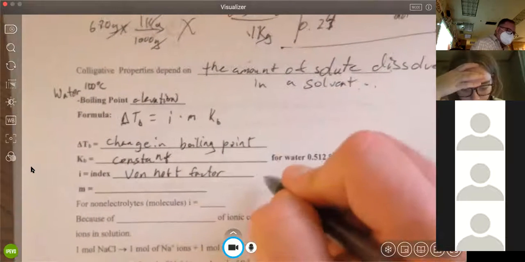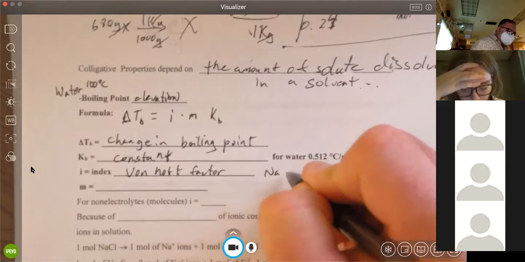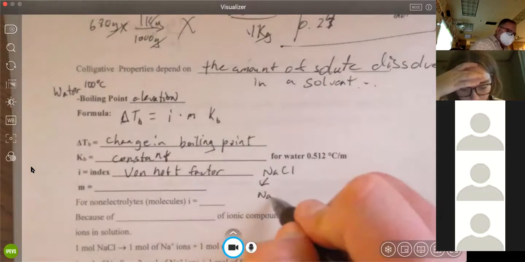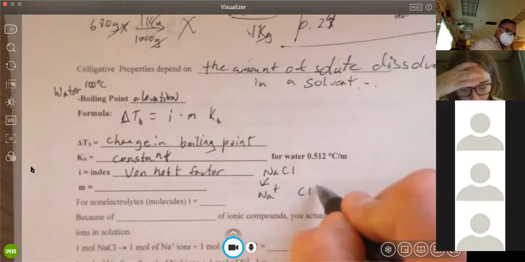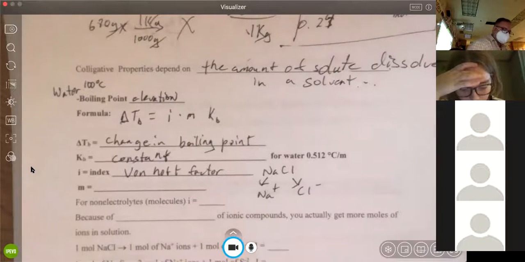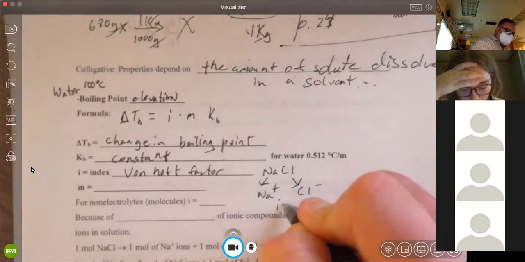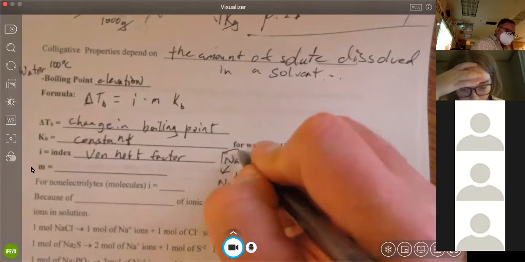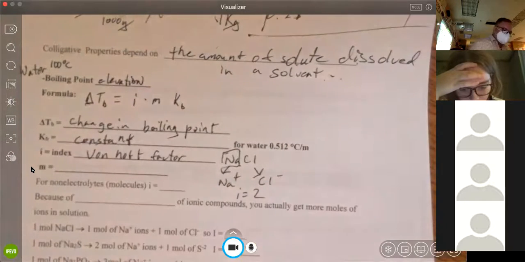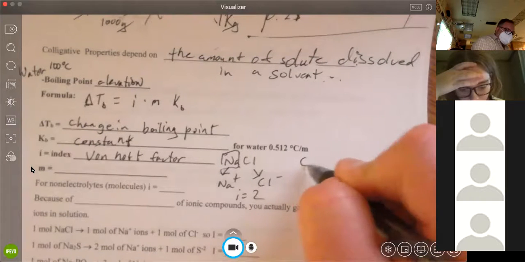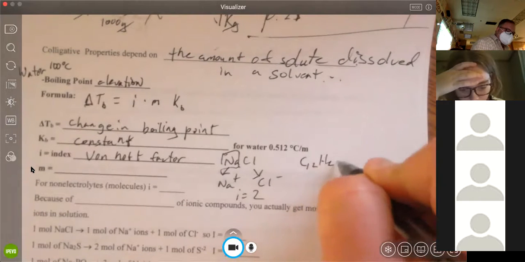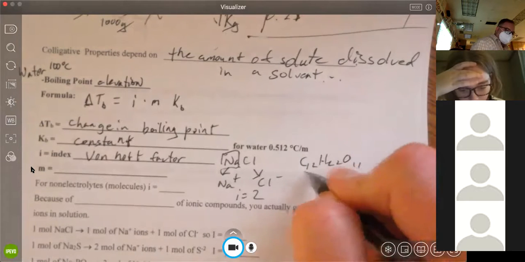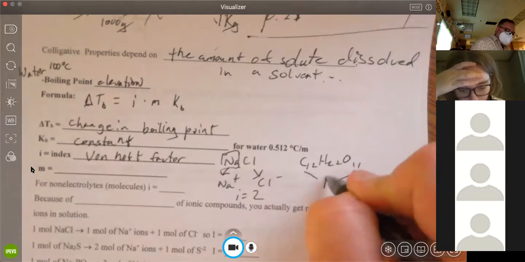Basically, what that means is whenever an ionic compound dissolves, like sodium chloride, you get two particles. So the index here would equal 2. We know that this is an ionic compound because it starts with a metal. If it's not an ionic compound, for example C12H22O11, C is not a metal. This does not separate, so its van't Hoff factor is 1.